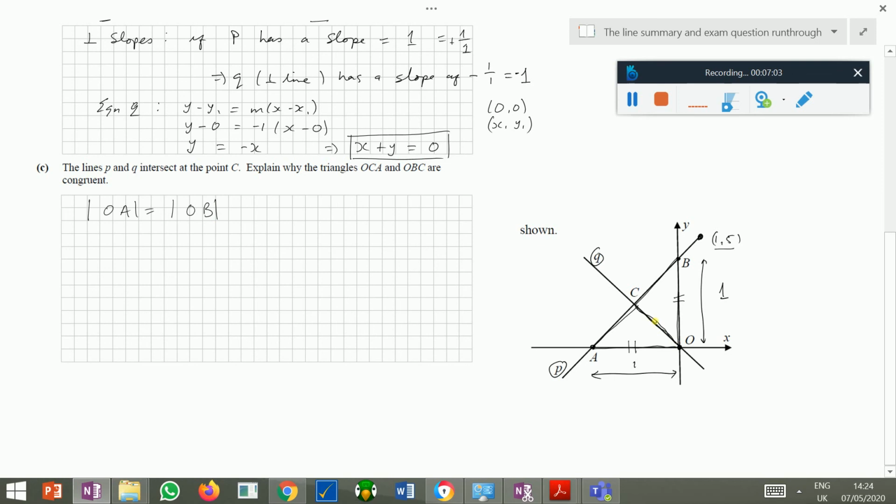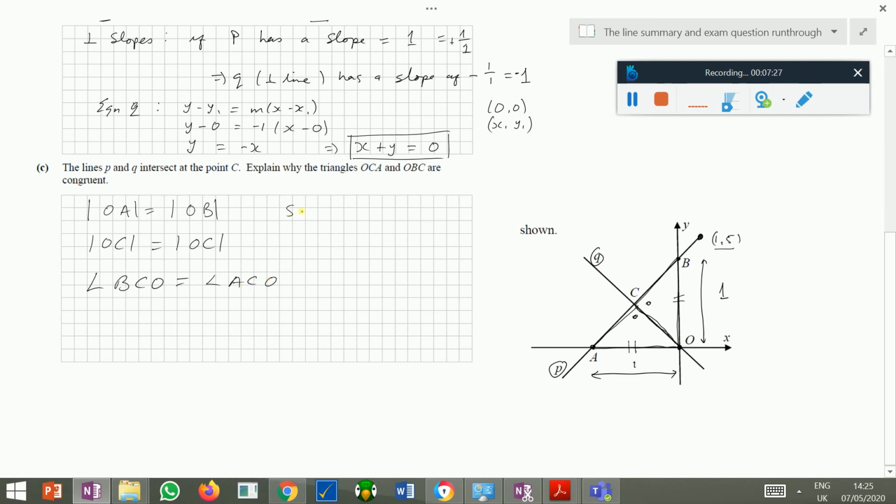Next thing we can say is OC is a line that's common to both triangles. So OC is the same in both. And then we know this angle here is the same as this angle here. They're both right angles because these two lines are perpendicular. So we're going to say angle BCO is the same as angle ACO.